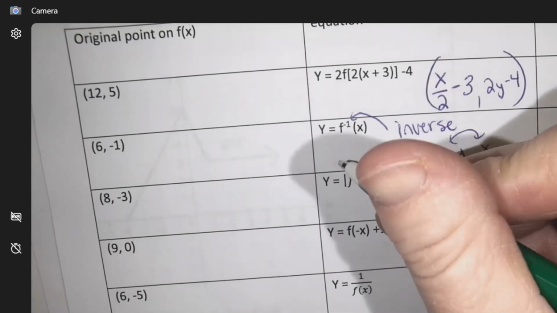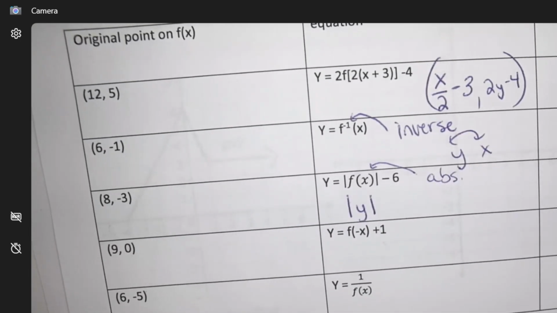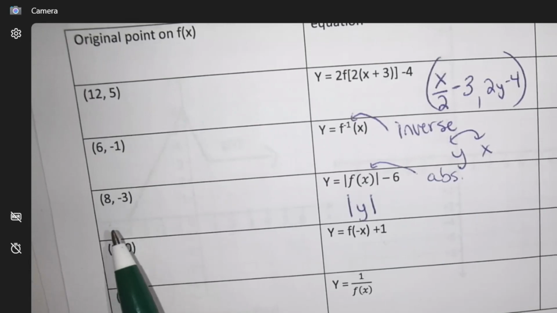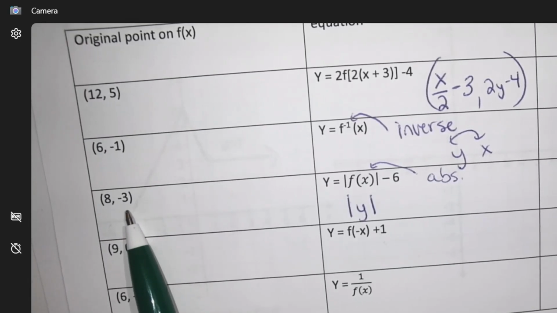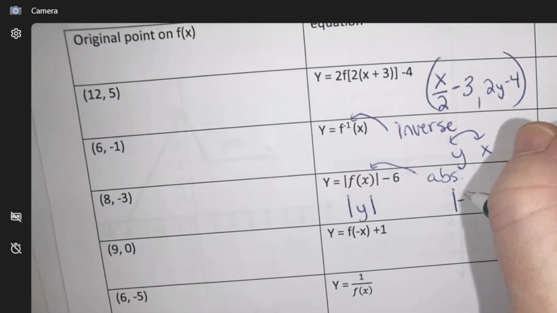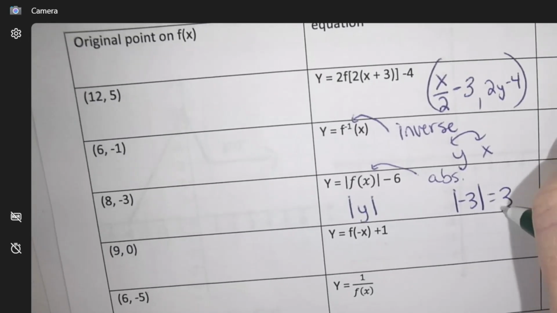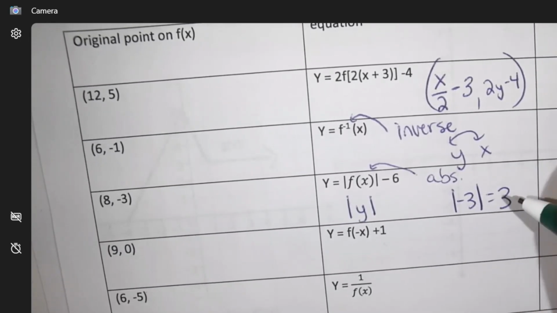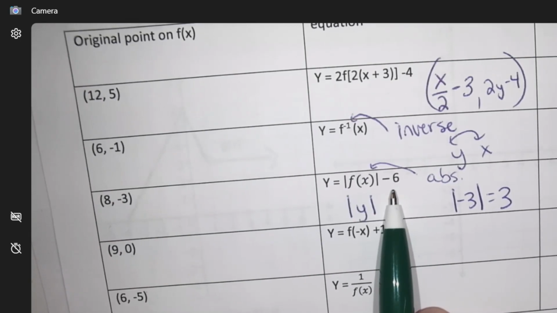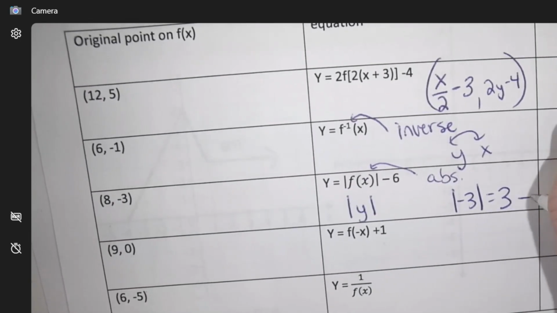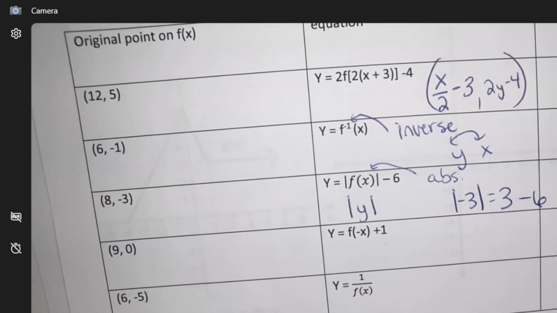Y. Okay, so what's the absolute value of our y? So what's the absolute value of negative 3? Equals 3. Then minus 6 after. Gets me back to actually negative 3.